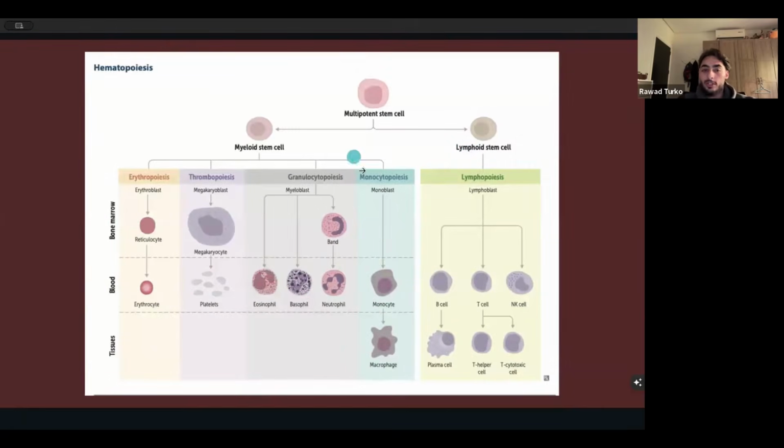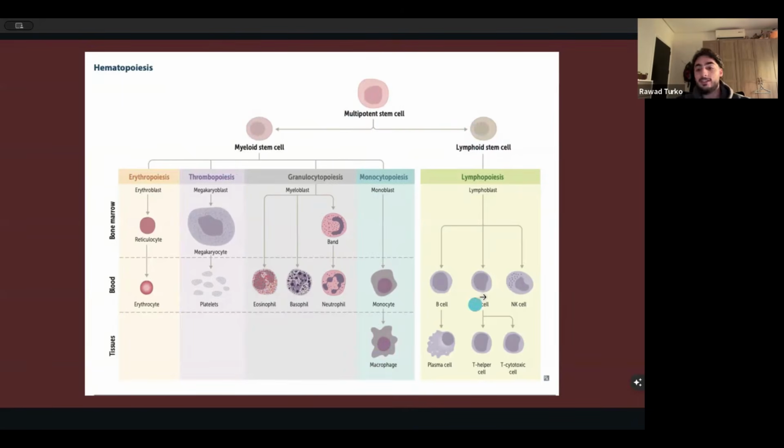Perfect. Okay, so we're going to refresh very quickly the hematopoietic cell lines and all of their precursors and the cells that we get from them, because it's going to be very important when we talk about leukemias. So we have a multipotent stem cell that's going to give us a myeloid stem cell and a lymphoid stem cell.